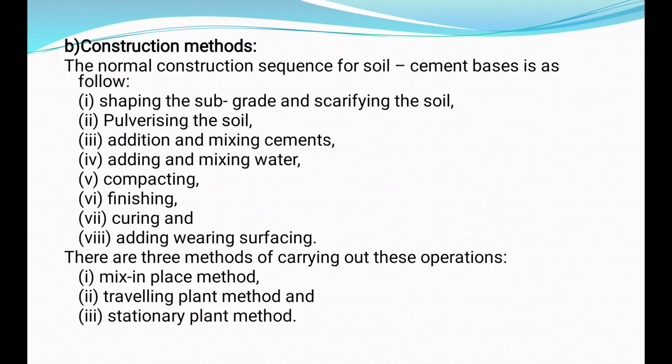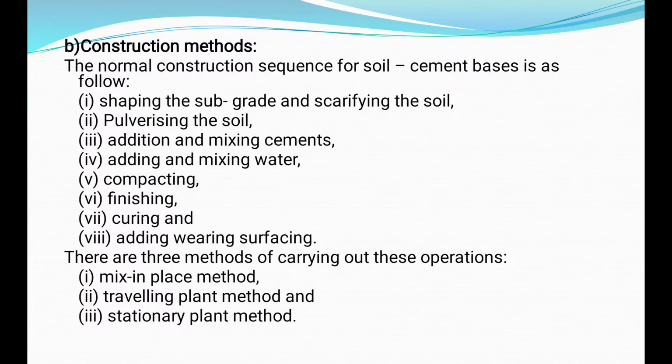So next one is construction method. The normal construction sequence is shaping the grade, pulverizing the soil, addition and mixing of cement, addition and mixing of water, compacting, finishing, curing and adding a wearing course. There are three methods for carrying out this operation: mix in place method, traveling plant method and stationary plant method.